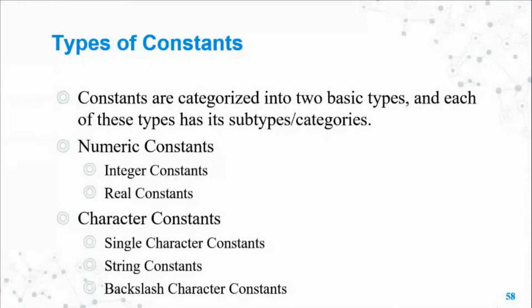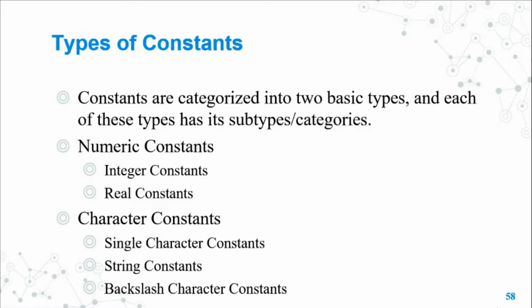So let's see the different types of constants. They are basically categorized into two basic types: the numeric constants as well as character constants. Again, there are user-defined constants also, in the sense that an enum type can also be made a constant.